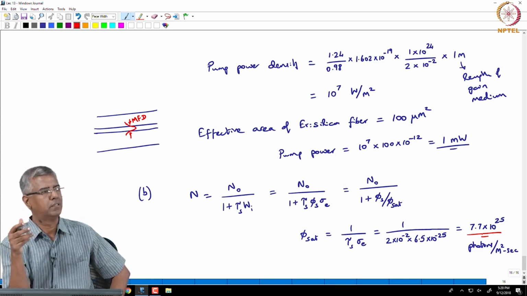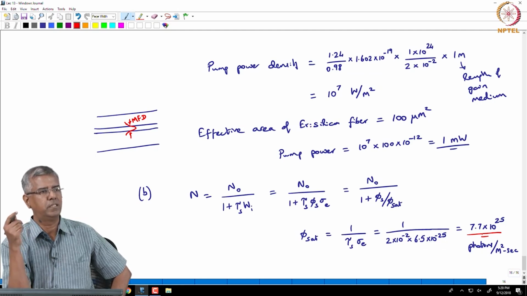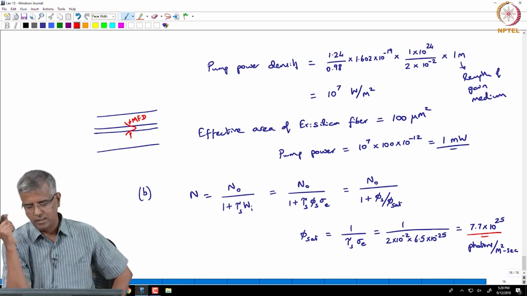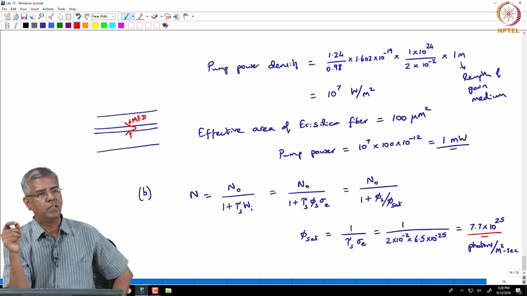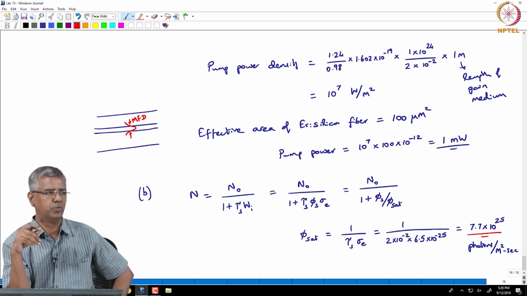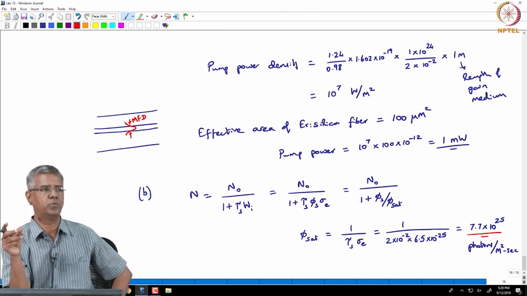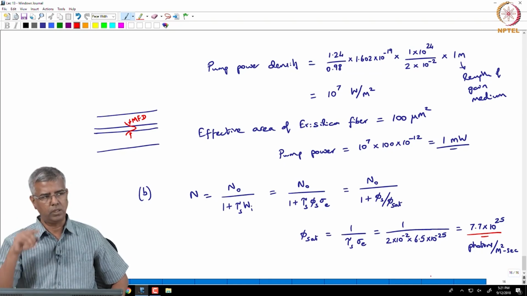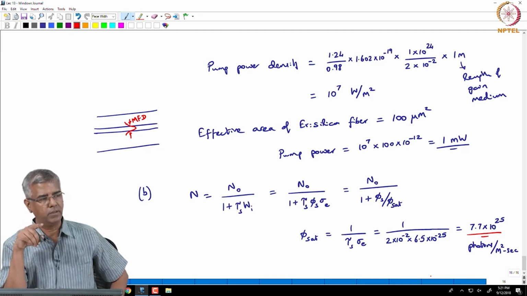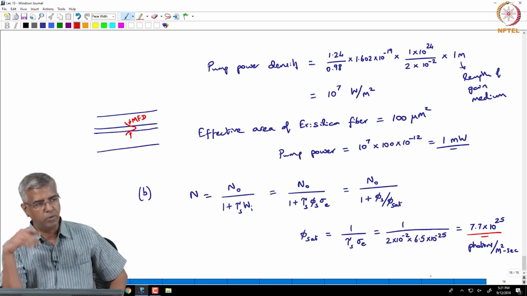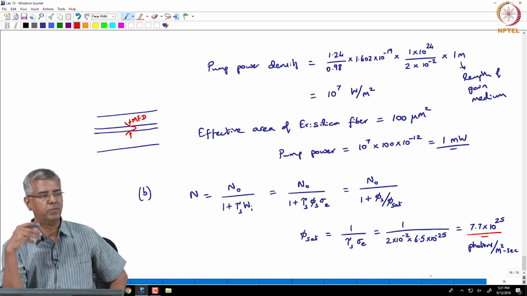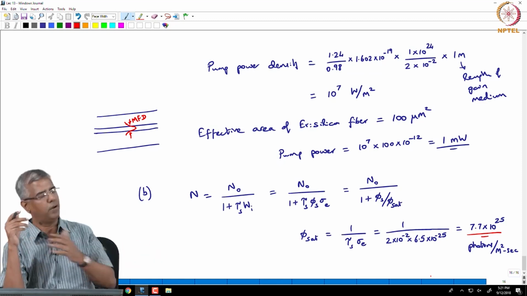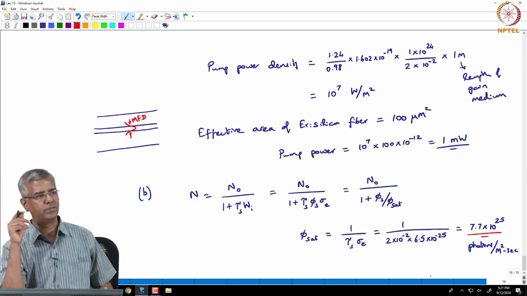When phi s, the signal flux density, equals phi sat, what happens? The inversion goes down by a factor of 2, and that corresponding phi s is what we are calling the saturation flux density. This phi sat corresponds to saturation of the gain due to the inversion reducing, as you have more and more signal photons coming in.